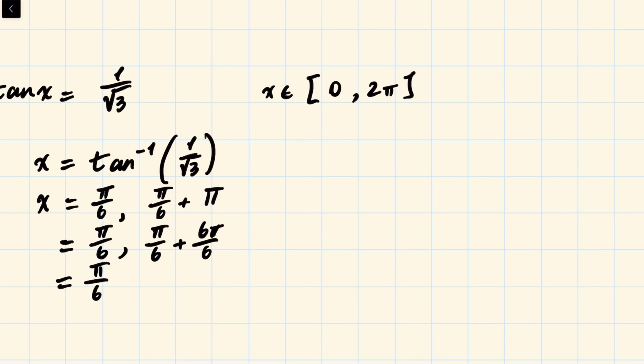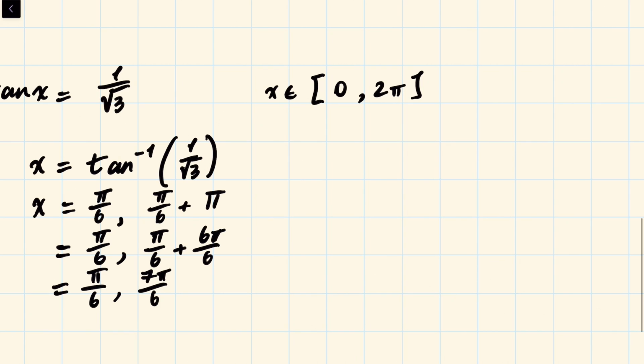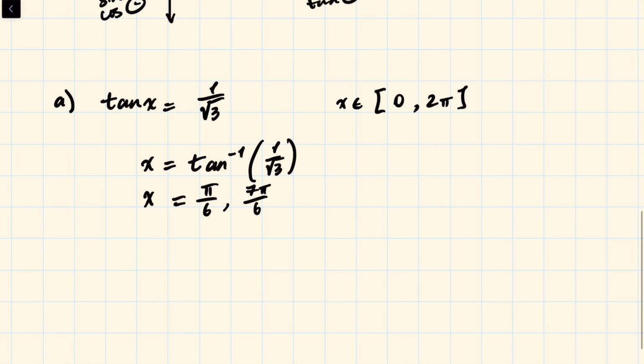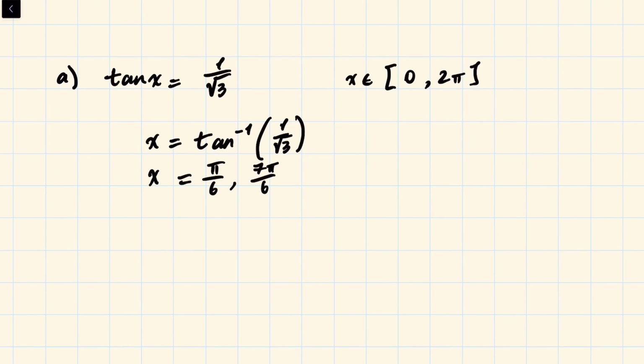So, x is equal to pi over 6, or 7 pi over 6. Right, and you don't actually have to put all the steps there. It's something you can just do in your head. But I just showed it there so you can see how I did it. Okay.